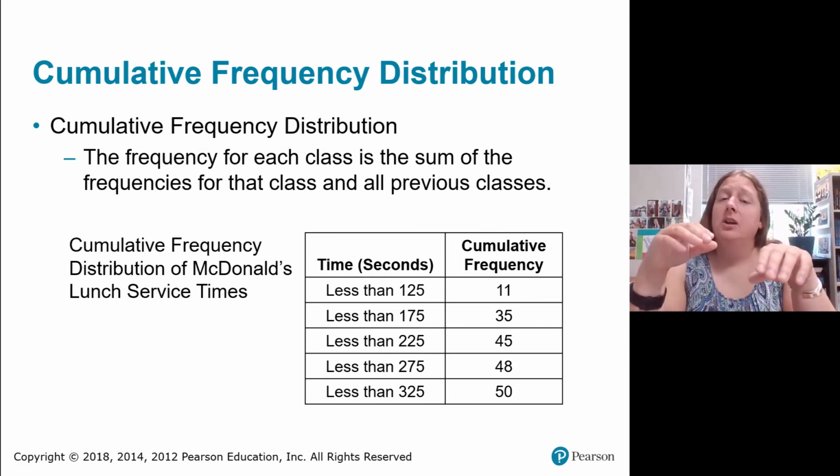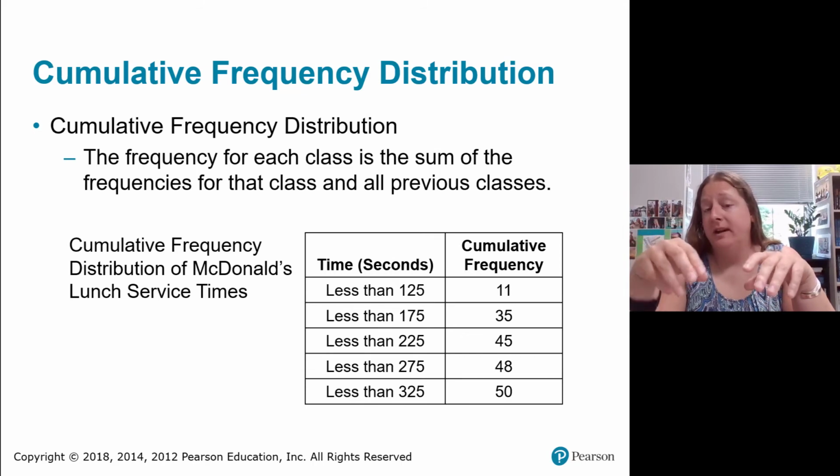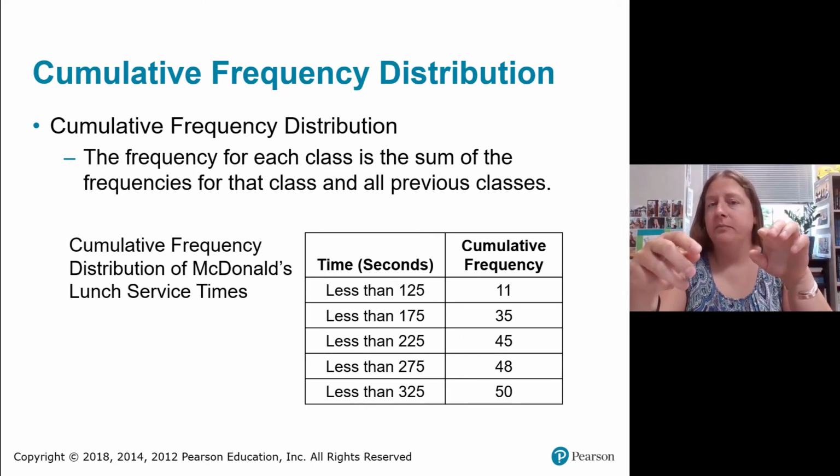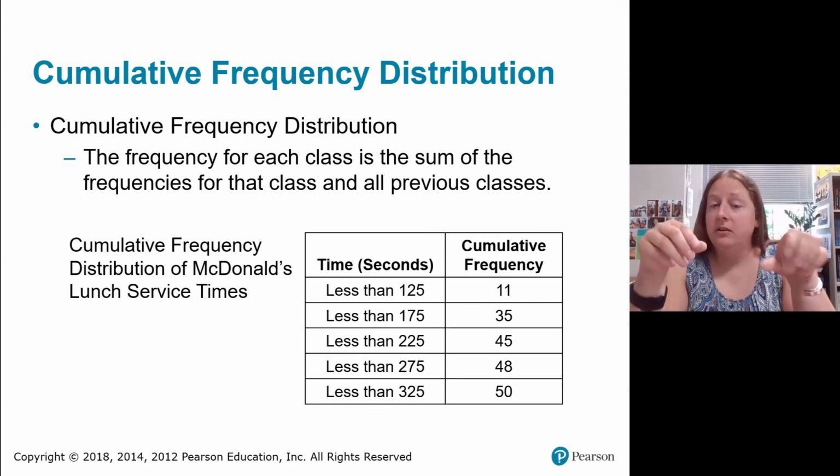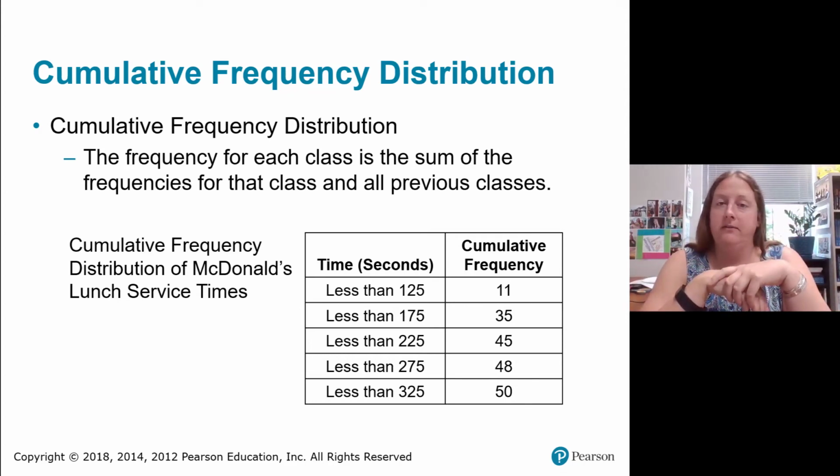And then instead of having 11 and then 24 as our frequencies, we have 11 still, but for our next one, we take our 24 and add 11 to it, saying 35 of our data points are less than 175. All right.